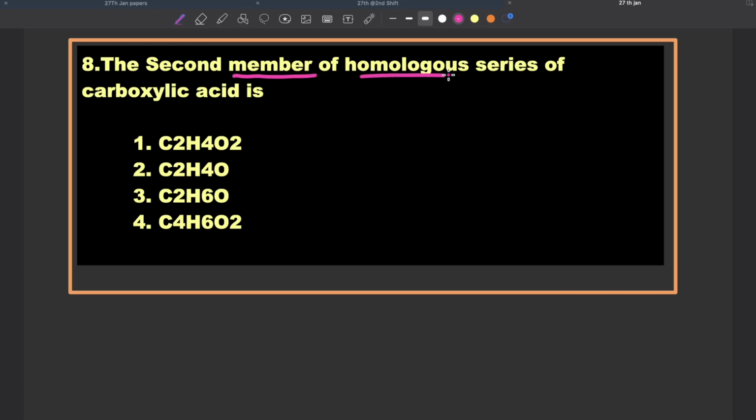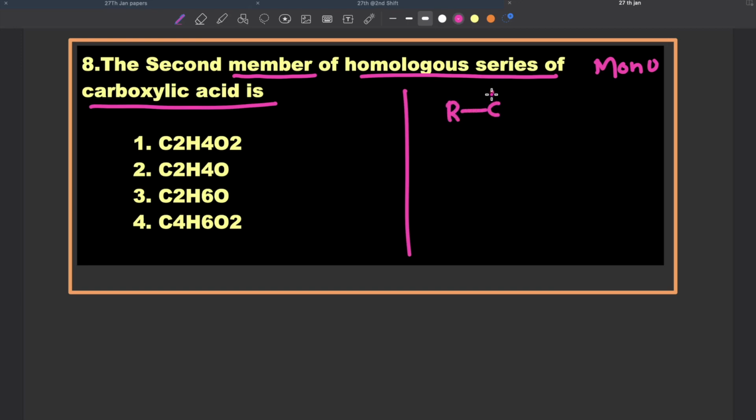The second member of the homologous series of monocarboxylic acid is what? So we will try to draw it. It's an easy one. Carboxylic acids have got 2 oxygens with this kind of structure. If one carbon is present, it would be HCOOH, whose formula equates to H2CO2.